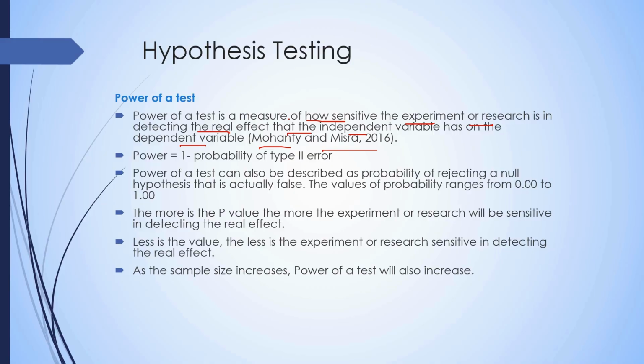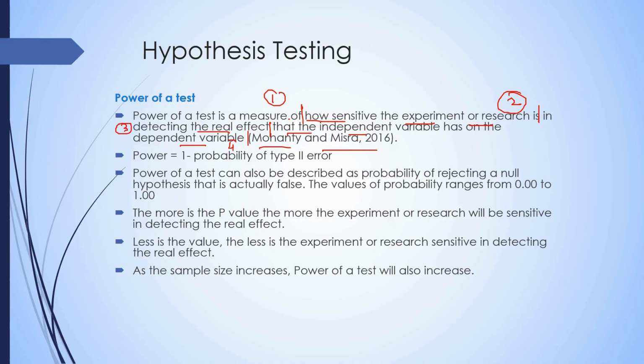It says power of a test is a measure of what? How sensitive the experiment or research is. Sensitive in what? In detecting the real effect. Real effect of what? The independent variable. Real effect that the independent variable has on the dependent variable.